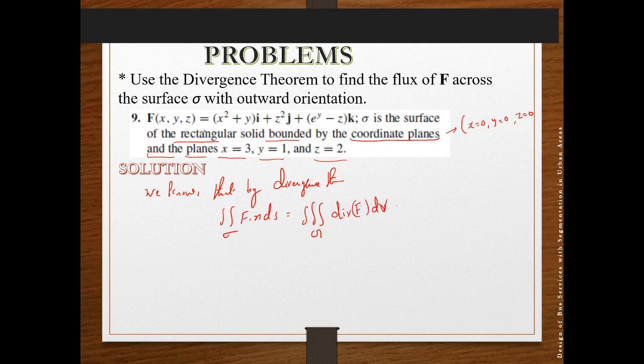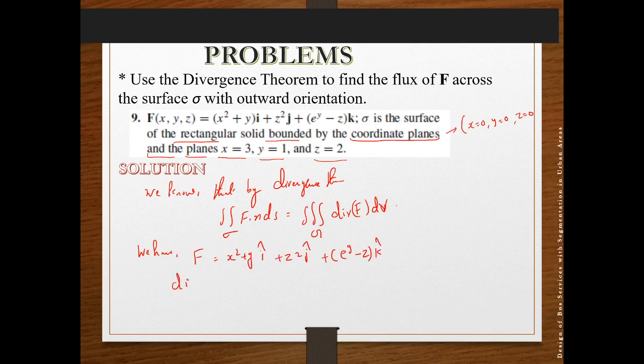Now first we will find the divergence of f. We have f equal to x square i plus y square j plus e raised to y minus z k.